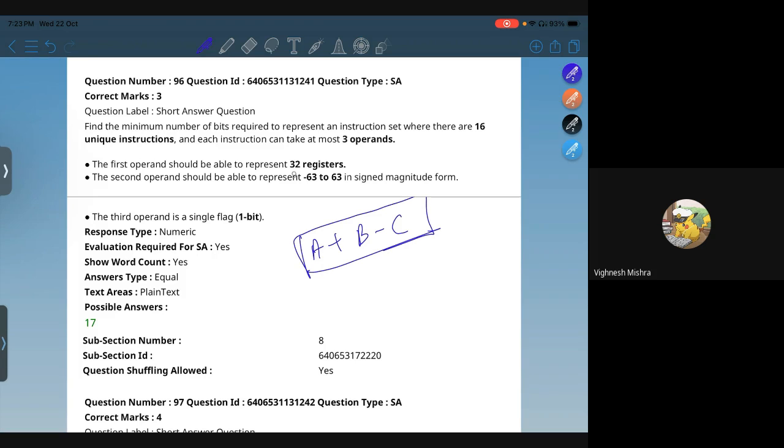Some operation and some operation. The first operand should represent 32 registers. It's a single flag. This one is 1 bit. This one is again... hmm.